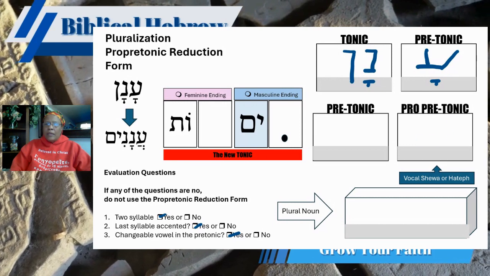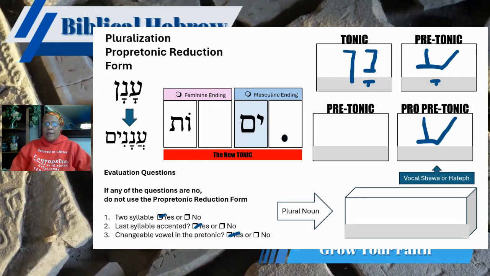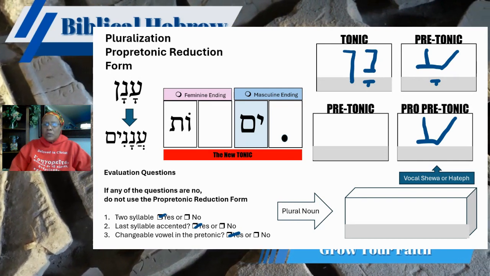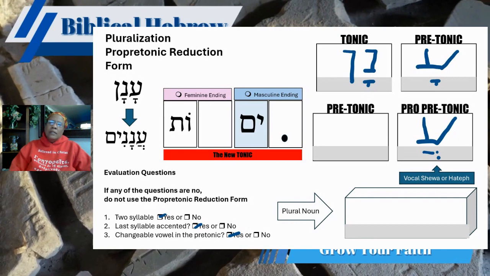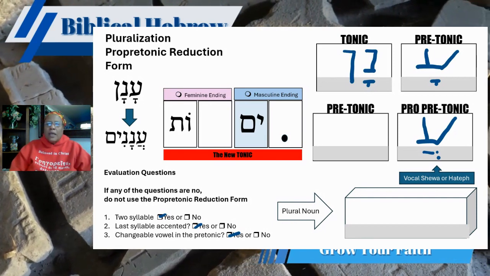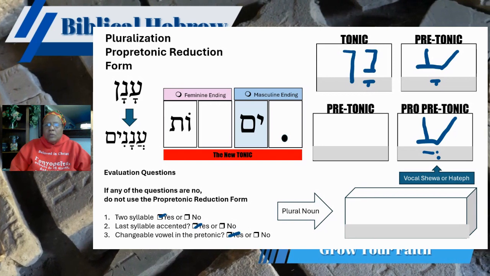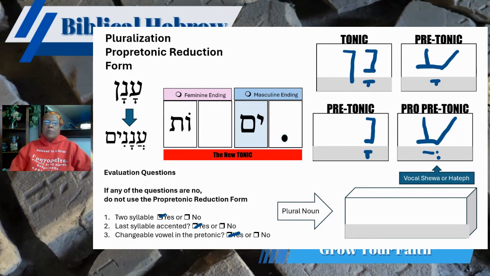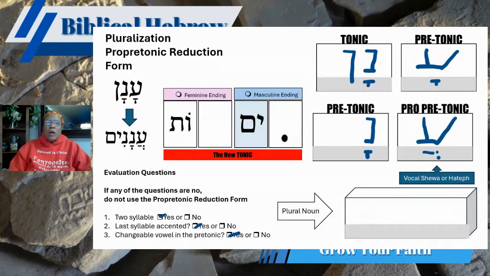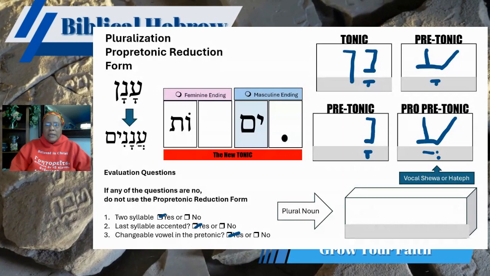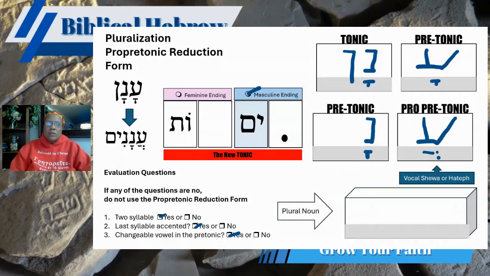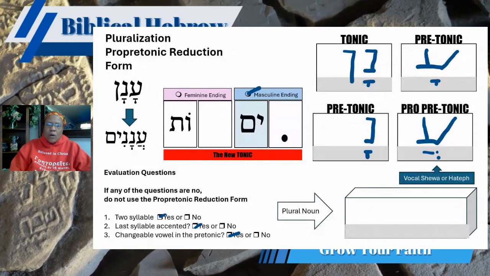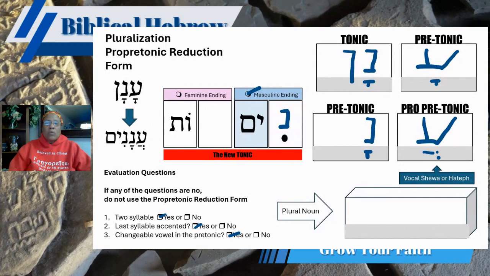We have the ayin. Okay, we have the ayin, and because it is a guttural, it will reduce to a hatef patah, or patah hatef, and then the nun is going to be in the pretonic, and then we are dealing with a masculine ending. We do have to convert the nun sofit into its regular nun form because it's in the middle of the word now.